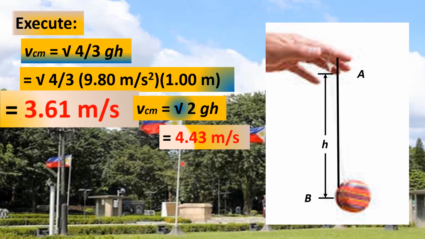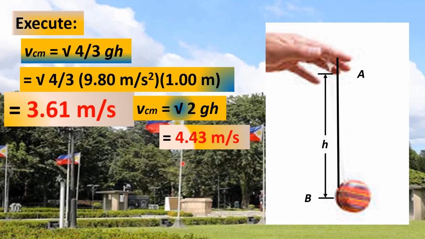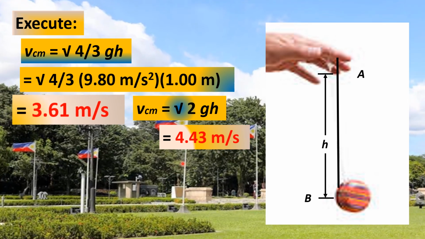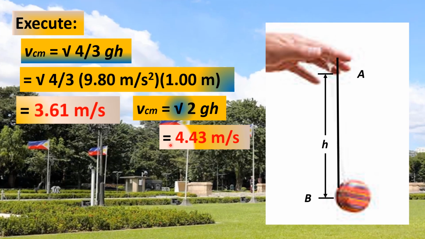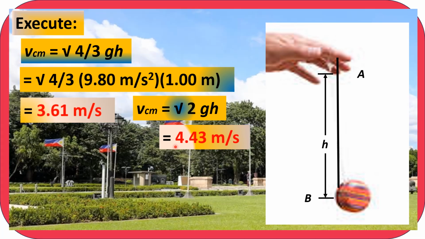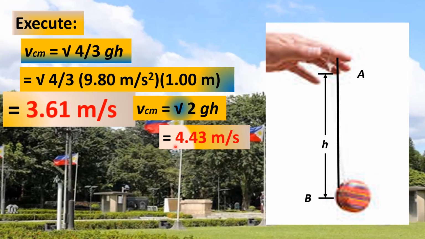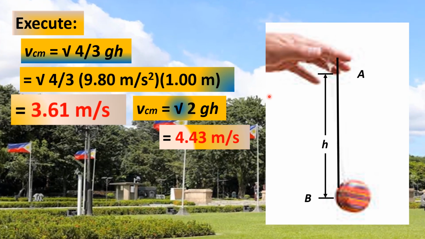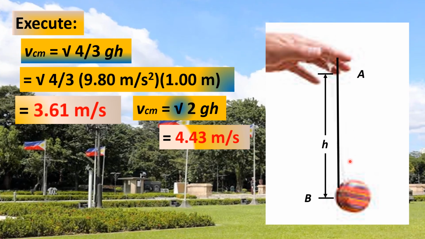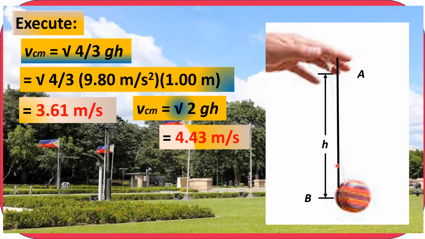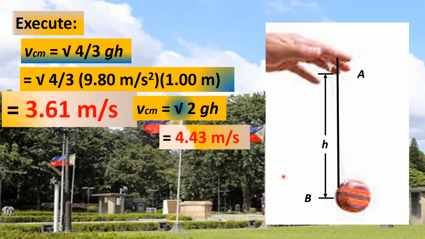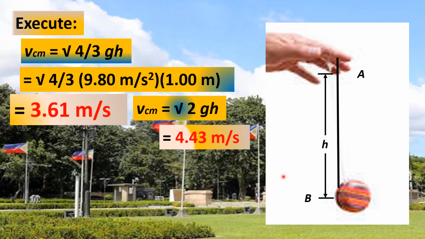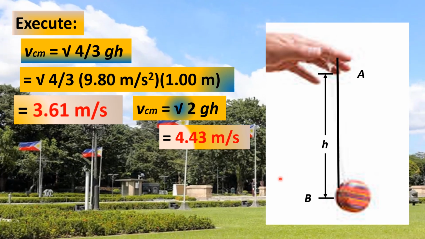The reason is that in this situation, part of the total mechanical energy of the yo-yo has been converted to rotational kinetic energy in moving from point A to point B. So what happens is that the translational kinetic energy has decreased.